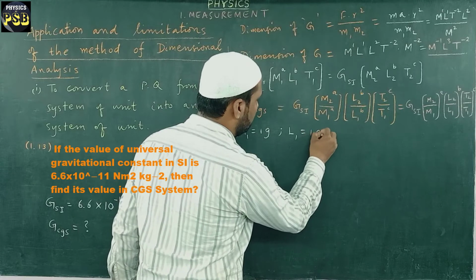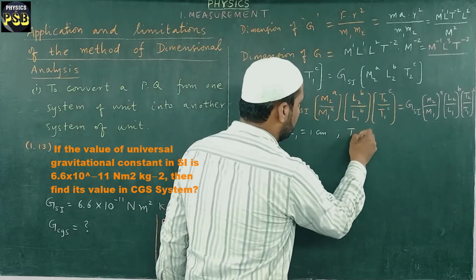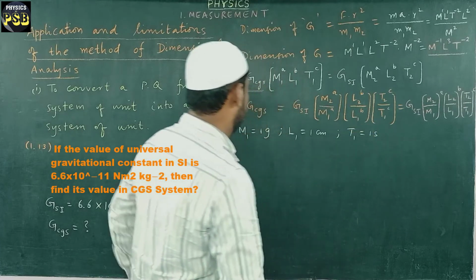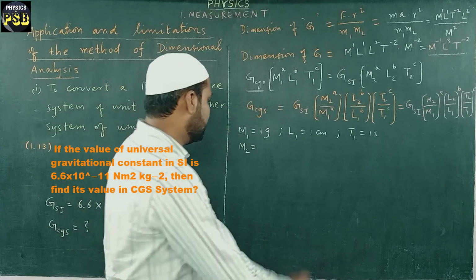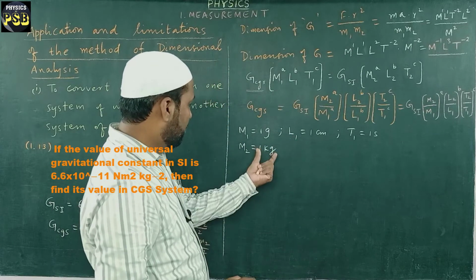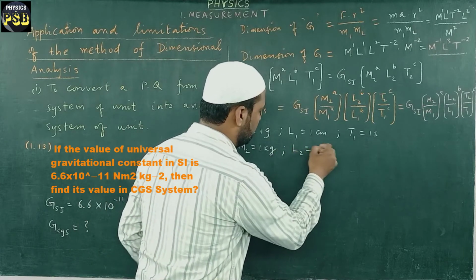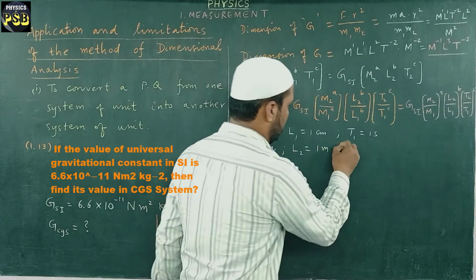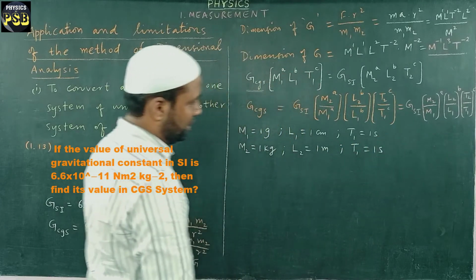Length is measured in centimeter. Then time is measured in second. Whereas M2, mass in the SI system, the unit of mass is 1 kilogram. The unit of length is meter, and the unit of time is the same, 1 second.